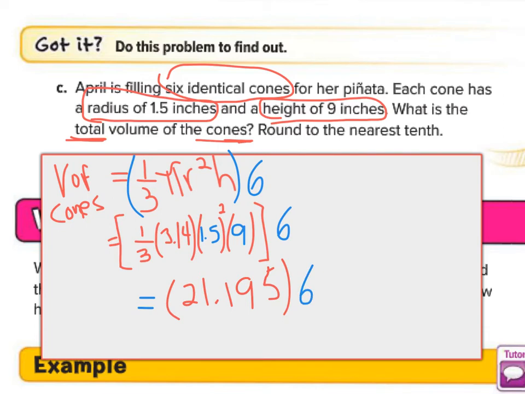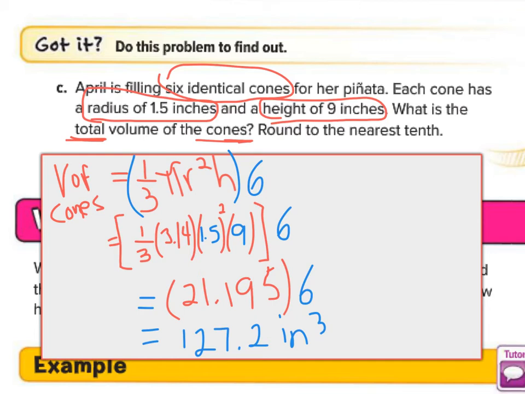So when I multiply that value times 6, I get 127.16, which is decimal 2. And we're looking at inches cubed. I hope you got the same answer.